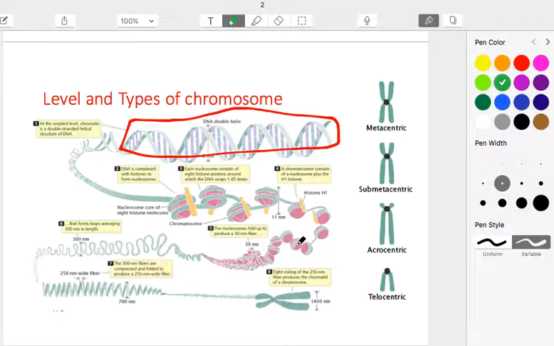Let's start from here. At the simplest level, the chromatin is a double stranded helical structure of DNA, as I told you. Watson and Crick proposed this. So you're going to see double stranded here, and it will be further condensed.